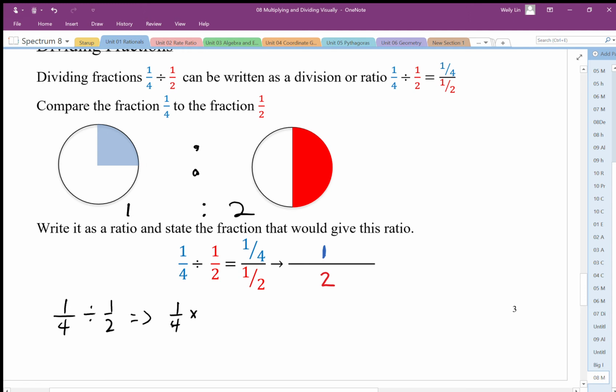If we do an opposite, we have to do another opposite, which is flipping the fraction, and we get 2/4, which simplifies to 1/2. So that confirms that. The picture doesn't lie, so this has got to be true. This is just confirming that this actually works.